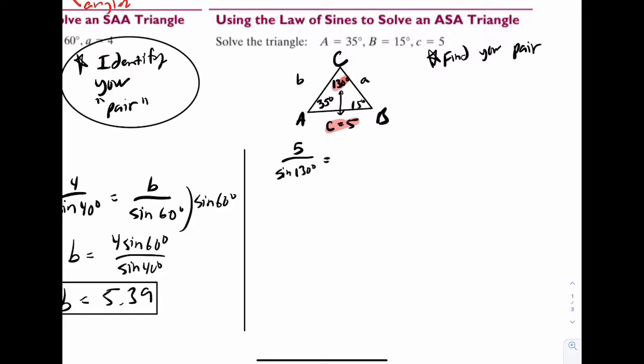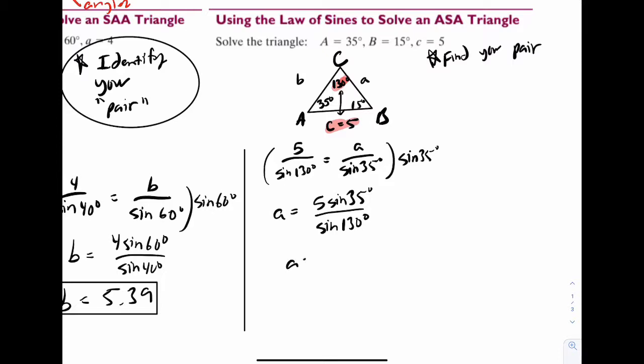This should be equal to, now pick a letter you want to find. Let's say you want to find a. a over sine 35. Let's solve. Multiply both sides by sine 35. So a should equal 5 sine 35, all divided by sine of 130 degrees. So a must be 3.74.